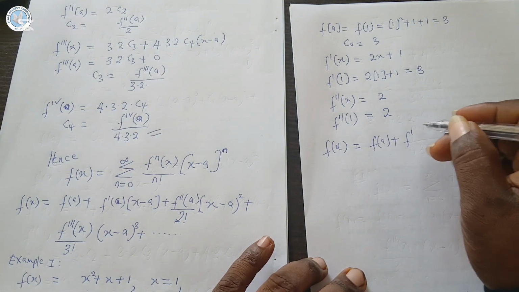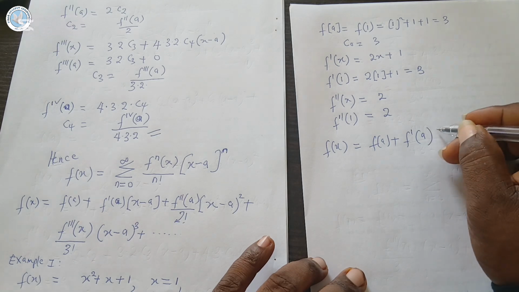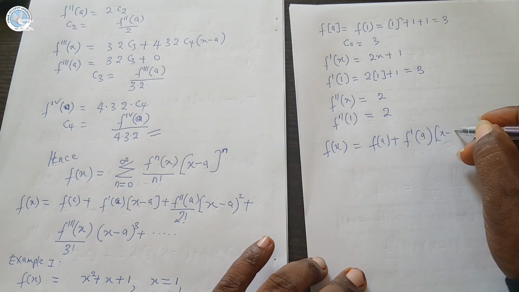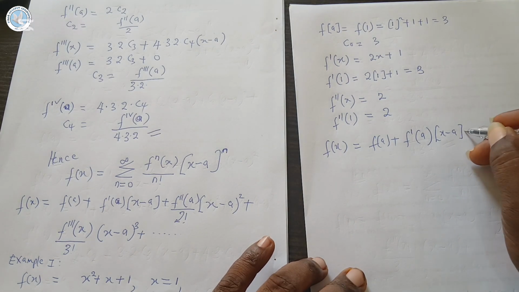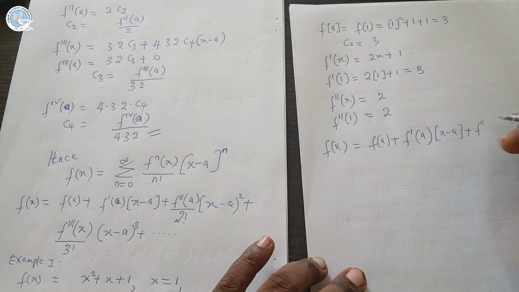Hence, the Taylor series expression being f of x equals f of a plus f prime of a times (x minus a) plus f prime prime of a divided by 2 factorial times (x minus a) squared.